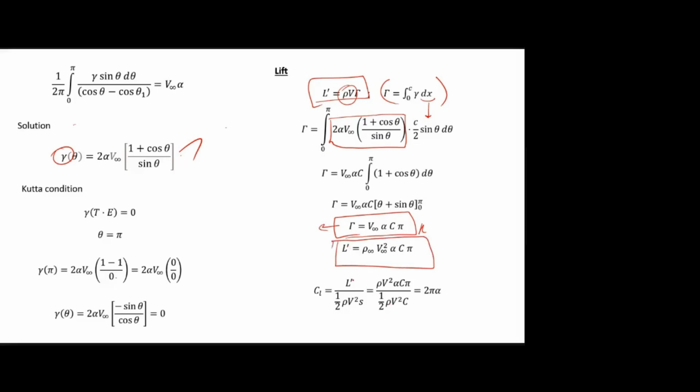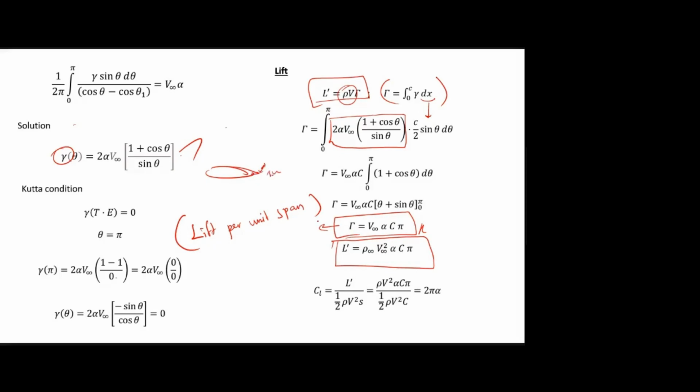What is meant by L dash? Anybody can say what is L dash? Two-dimensional. Yeah, good. L dash is for two-dimensional, but this is lift per unit span. Okay, 2D means there is no span.